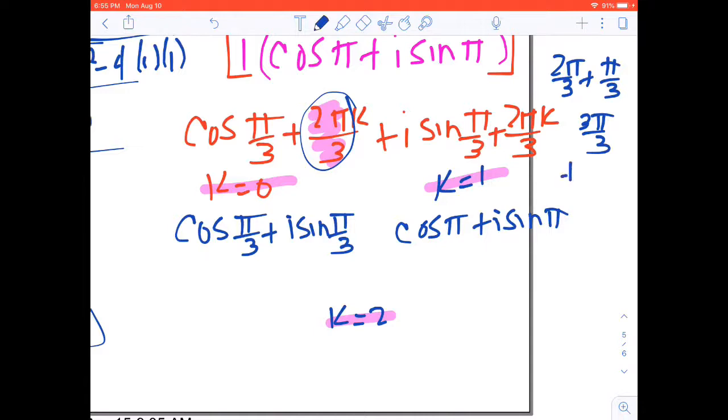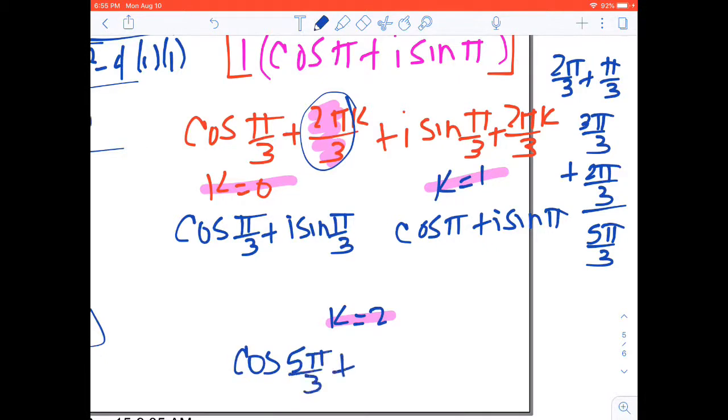My previous argument was 3 pi over 3, so if I add 2 pi over 3 to that, we get 5 pi over 3. So if we're finding 3 roots, you stop when you get your third iteration. So I've got the cosine of 5 pi over 3 plus i sine 5 pi over 3.